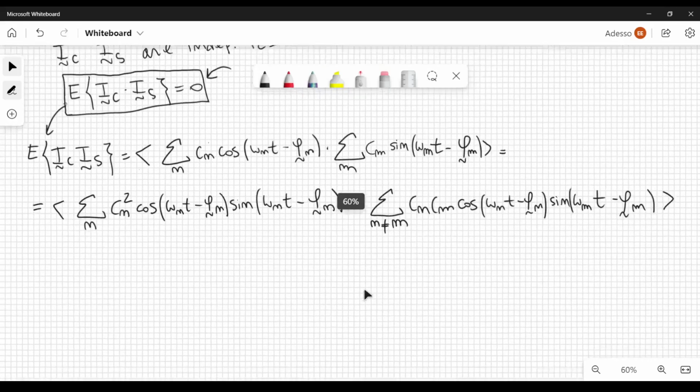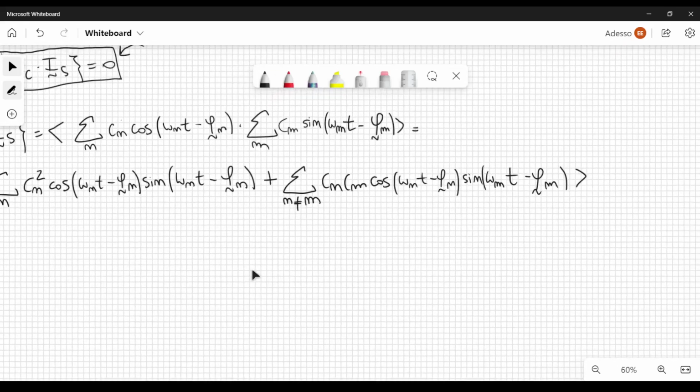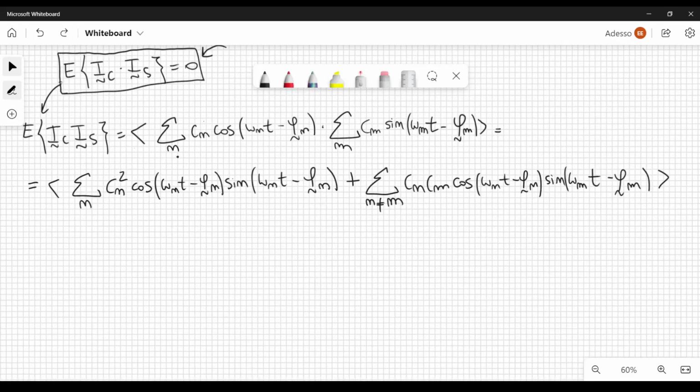And now I have to integrate over the phases. In particular, if we consider the average of this, we have to calculate the average of the sum of these two random variables.